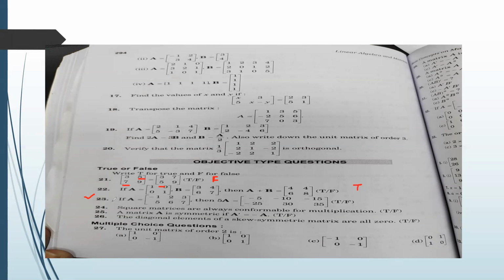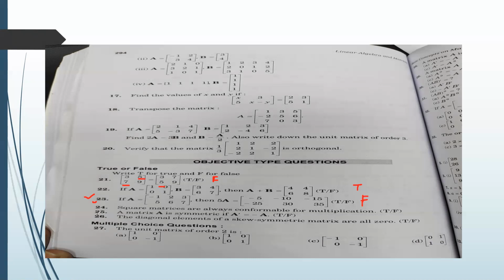Okay, now we go for question number 23. If A equal to this, then find 5A. Means we multiply each element of A with 5. So this will come 5, 10, 15, 25, 30, 35. But the minus sign is not here, so it means this is false.